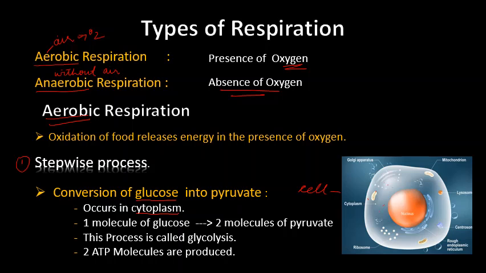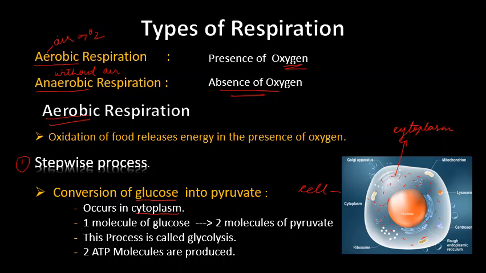You can see the fluid matrix in which all other cell components are there, all cell organelles. This is cytoplasm. So the conversion of glucose into pyruvate takes place in the fluid matrix cytoplasm, for which there is no need of oxygen.